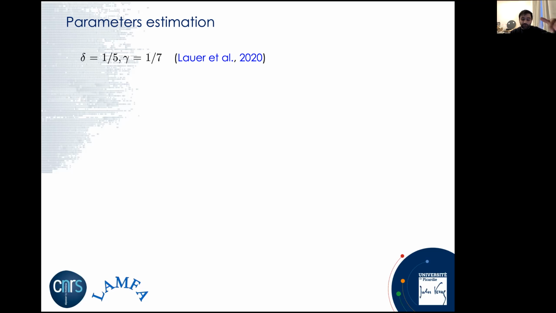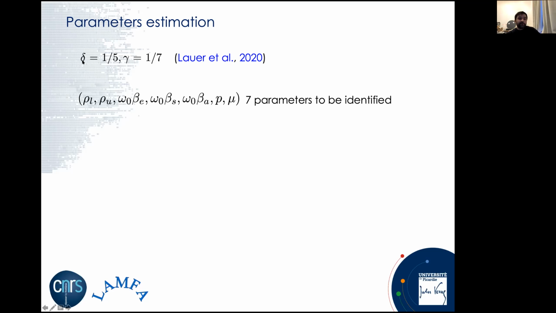But for the talk, we assume that these parameters are fixed, and then you have to estimate the other parameters. So at the end you have 7 parameters.